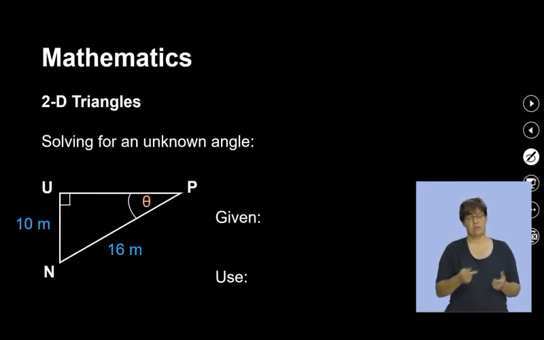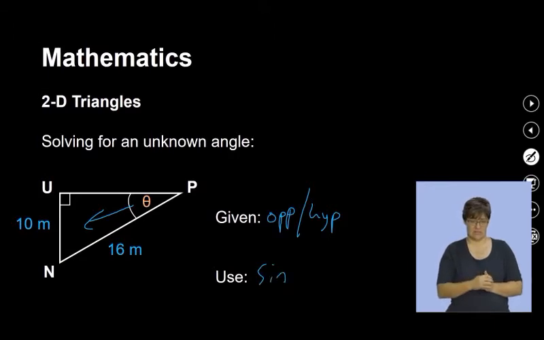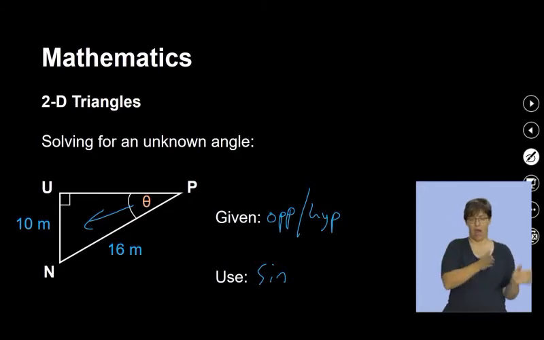And then if maybe I'm given now the opposite side to theta, so here I'm given the opposite and also my hypotenuse, I will therefore use the sine theta ratio, right? So this is just me trying to show you, when given this, what do you use, so that you know exactly how to maneuver your way around solving these things.